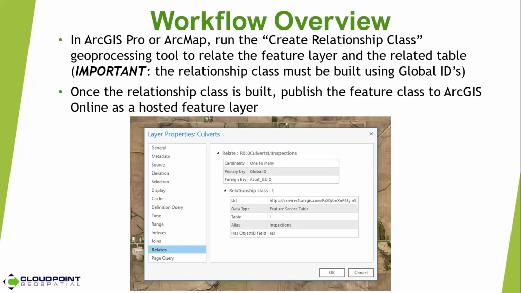So what that means is our culverts feature layer must have global IDs for all of the features within that feature layer, and our related table must have a global ID field in order to house those global IDs from the feature layer. I've included a screenshot here that we can look through. We've seen this relationship class here as a one-to-many, so that means we can stack multiple different inspections onto one culvert feature.